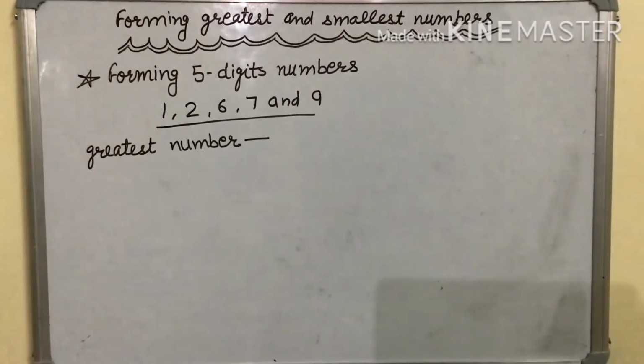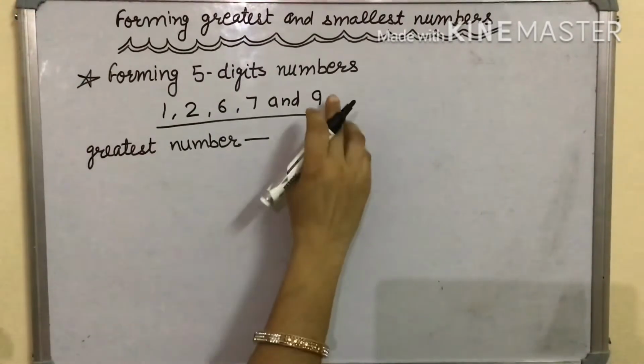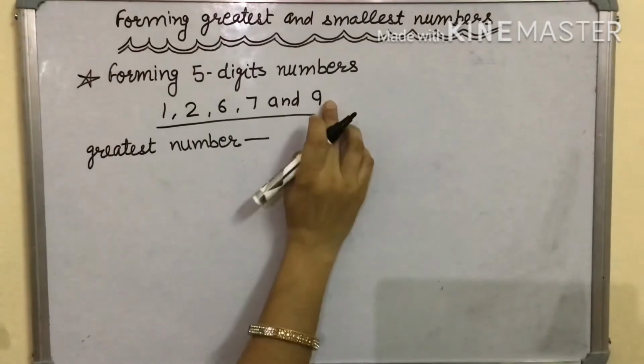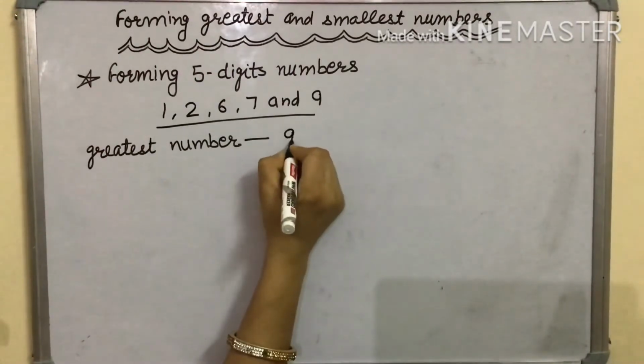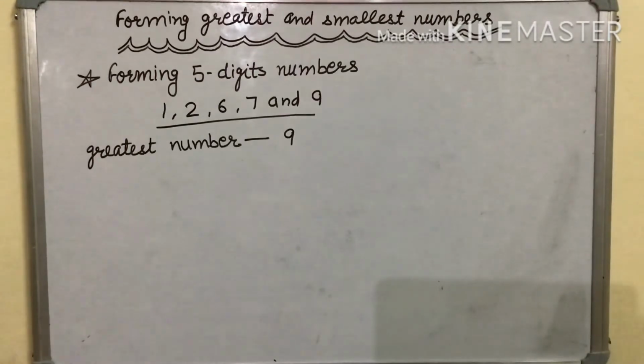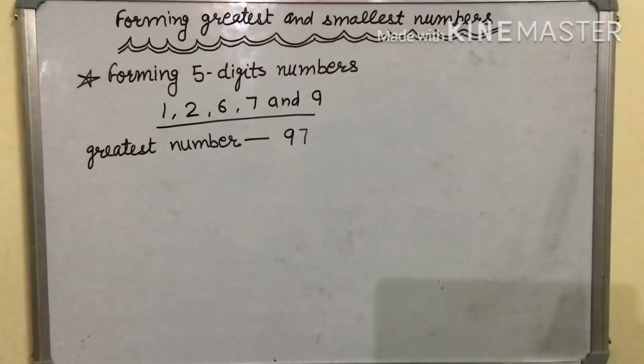To write the greatest number, we use the digits in descending order, and in the descending order, first of all we write the largest digit, and here we see that 9 is the largest digit, so we will write 9. After that 7 is the largest digit, so we will write 7.